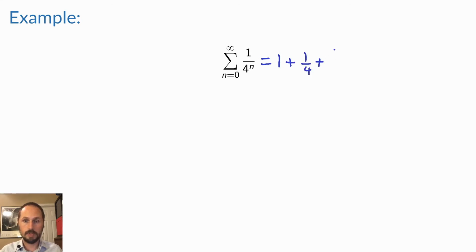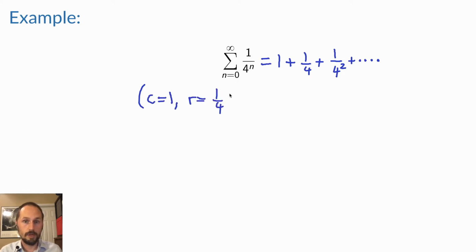At n equals 2 we get 1 over 4 squared, and so on and so forth. And from this we see that in our formula c equals 1 and r equals a quarter, right?